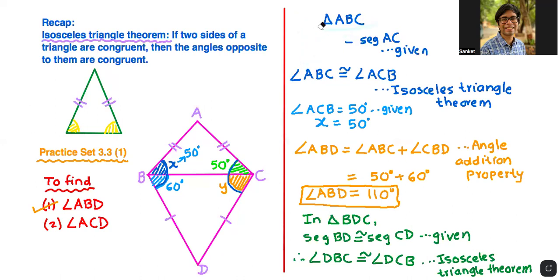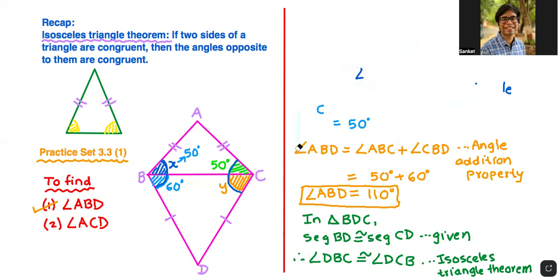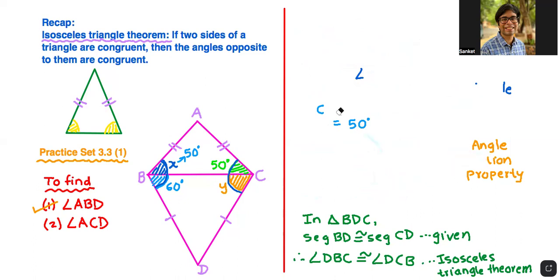Let me erase this part. So if these two are equal, I know angle DBC as 60 degrees.